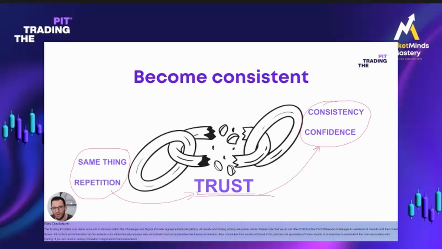Trust is our vehicle to move from point A to where we want to be at point B. But in order to go to point B, the only way is to build the bridge between repetition and confidence. And that comes down to trust. But how can we build this repetition? And how can we get ourselves to trust our process?